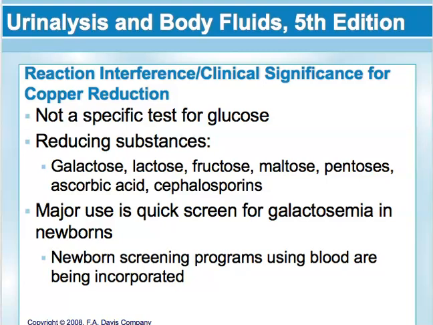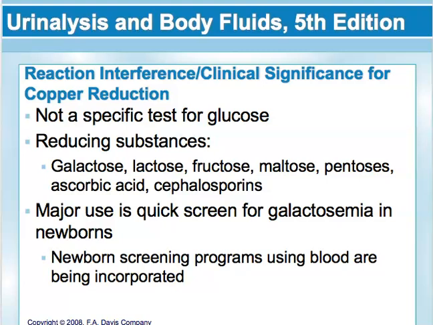So galactose is the most important of those because its presence in the urine of newborns represents what's known as an inborn error of metabolism, in which the lack of a specific enzyme prevents the breakdown of ingested galactose. It results in failure to thrive and other complications, and eventually death if it's not caught and treated in time.